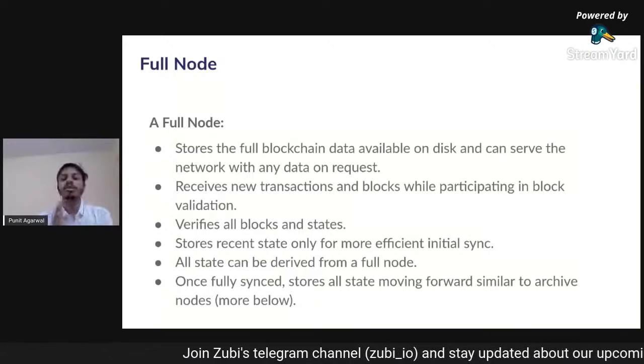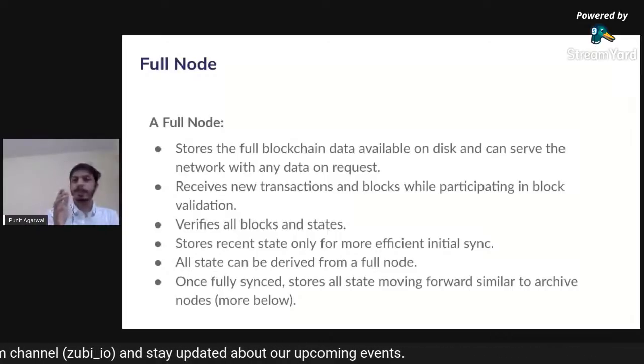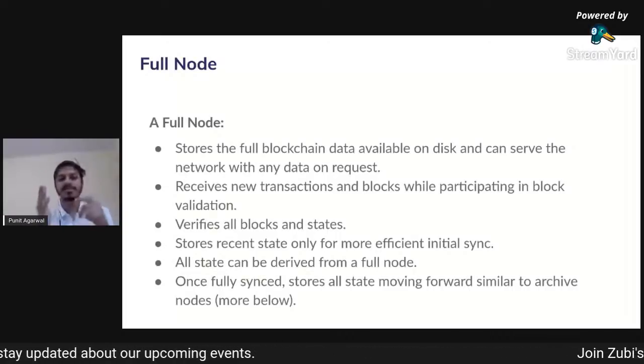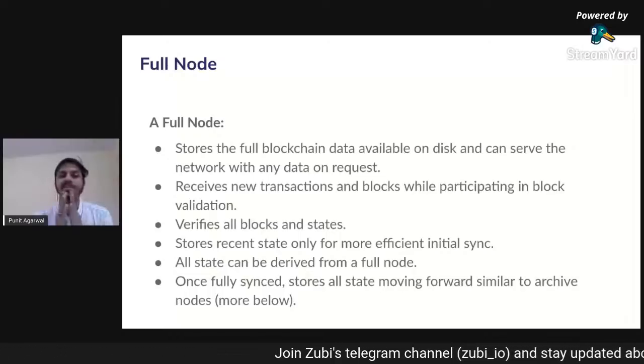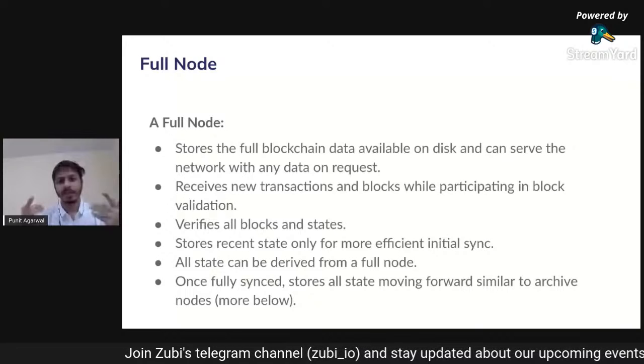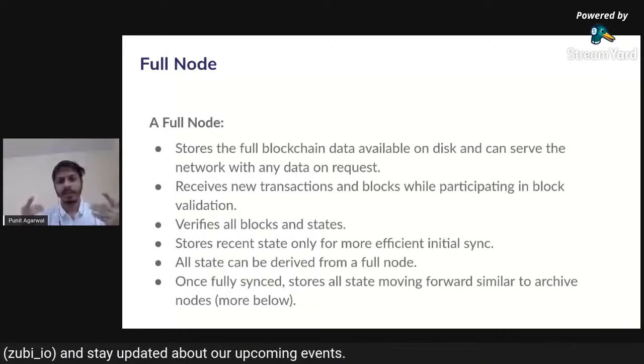They store the recent state only for the most efficient initial sync. Like we have just discussed, whenever we want to set up a node on the blockchain, we sync our data. We sync what all has happened in the blockchain. We just keep ourselves updated.